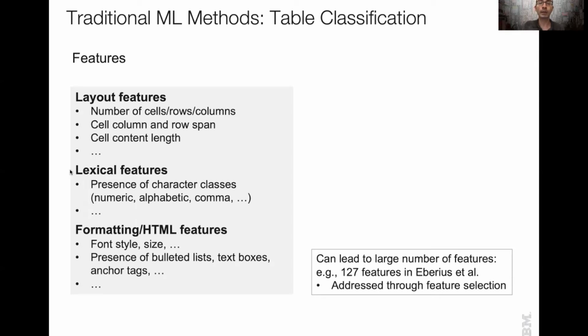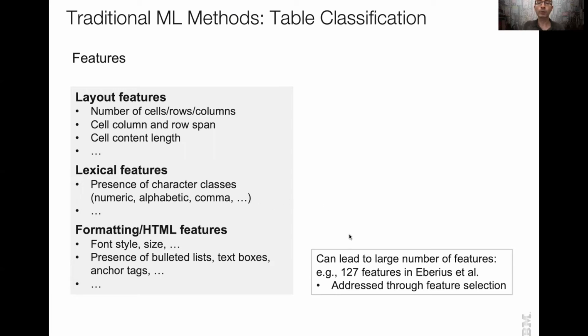Others were lexical features, which look at the text that appears within cells, and they try to capture whether certain character classes were present, such as numbers, alphabetic characters, special punctuation characters, etc. And then the third broad list of features has to do with formatting information or HTML features, the font styling, the font size, coloring, etc.